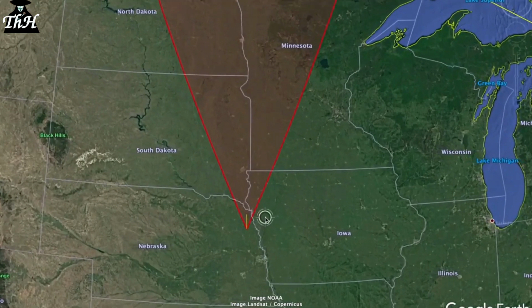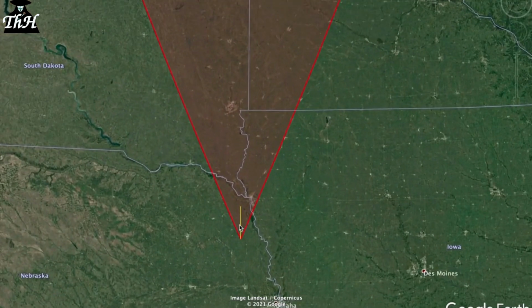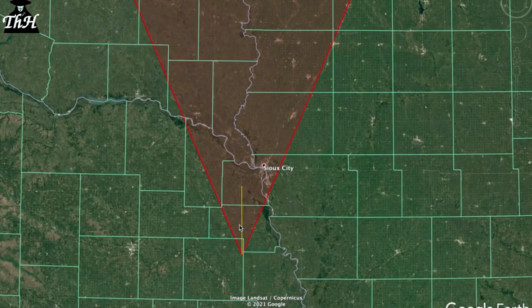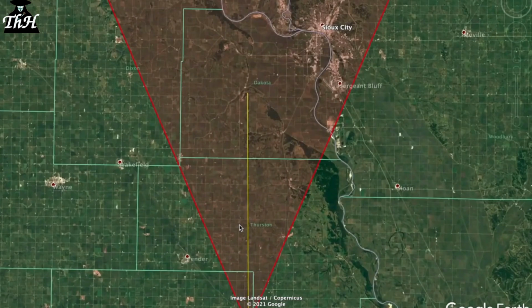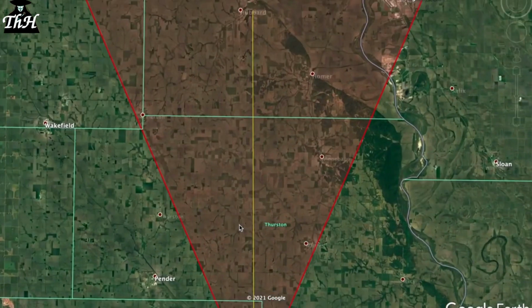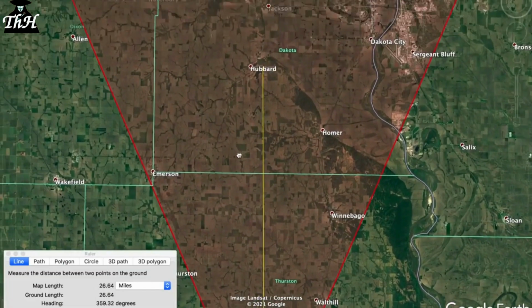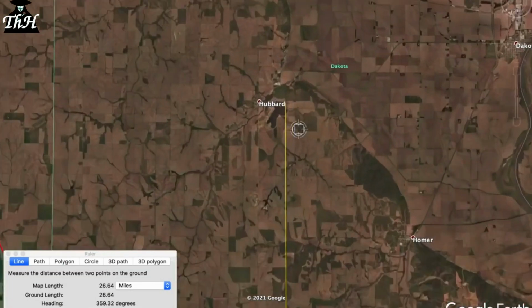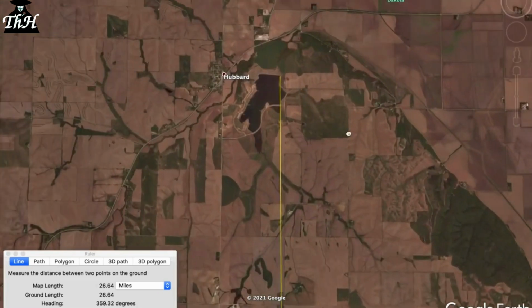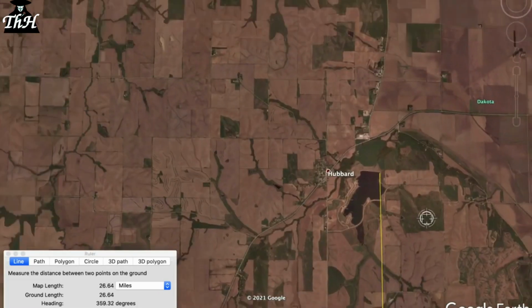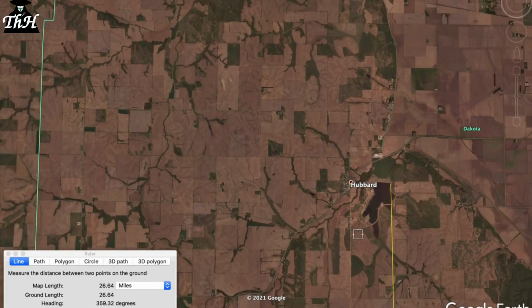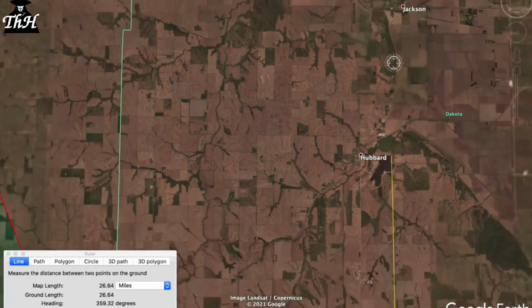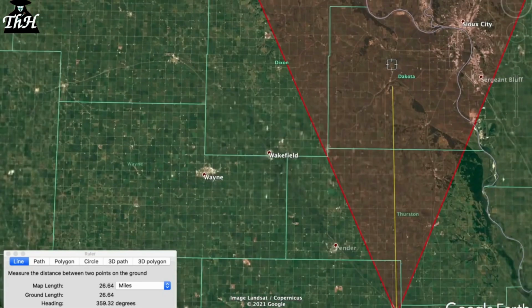Now, if we can identify features on the ground, we don't need relative motion to determine our distance. And here's constraint one, how I determined that I'm 26.6 miles away. There's this reservoir there, and we can measure its width, as we've seen in the infrared image, where it shows up.